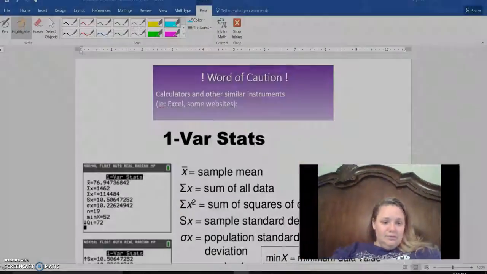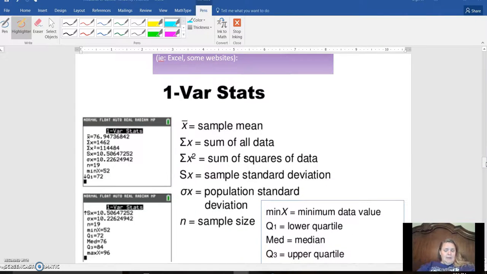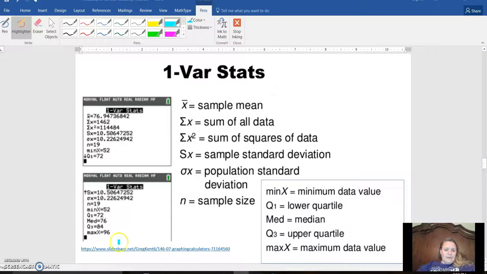All right, so we're going to sit in a function called one variable stats. And if you don't know what the symbols mean, you're not going to be able to analyze the data. I got these pictures from this website just so nobody thought I was cheating. So we've learned X bar is the mean. I'm just going to highlight the things that are important to us. Sx is the sample standard deviation.